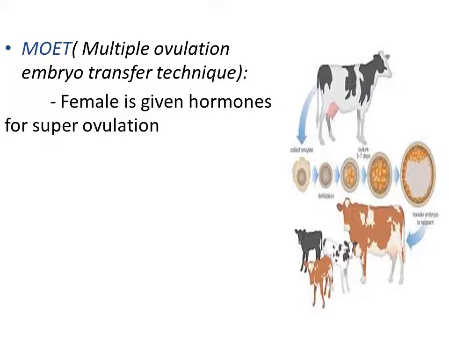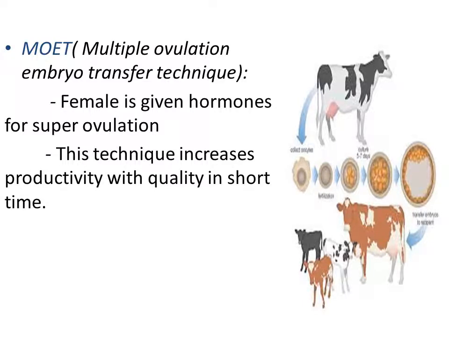Like this, all the recovered embryos are transferred into surrogate mothers. This is very helpful, because this technique increases productivity with quality in a short time. Within a short period of time, we can increase the number of animals.